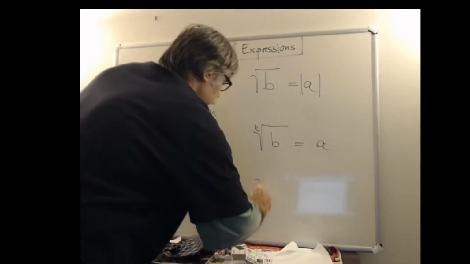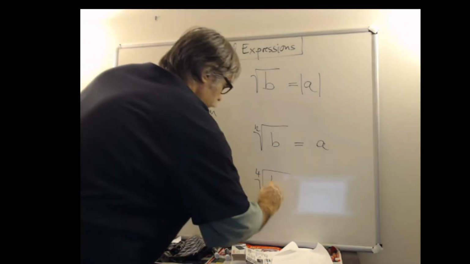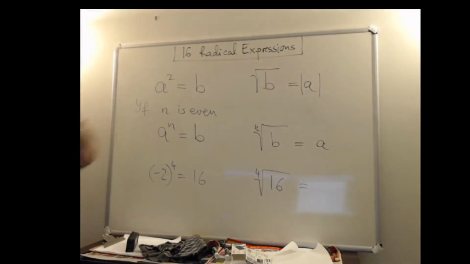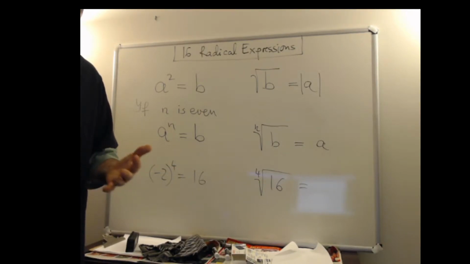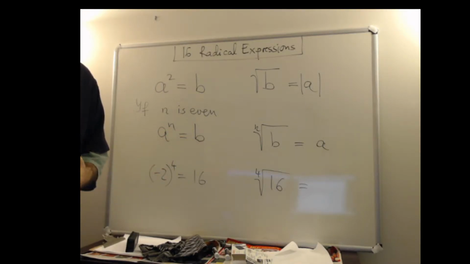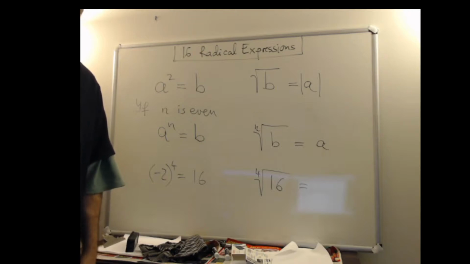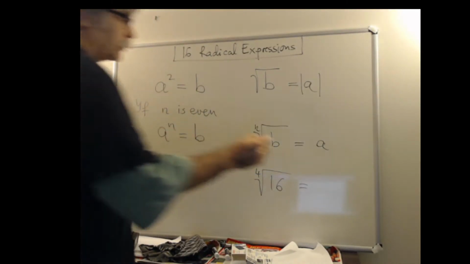When you make a radical with 4 as the index, you have to think about it: what kind of number is there such that if you multiply that number with itself 4 times, like 2 times 2 times 2 times 2, you end up with 16? The answer is almost certainly going to be 2.